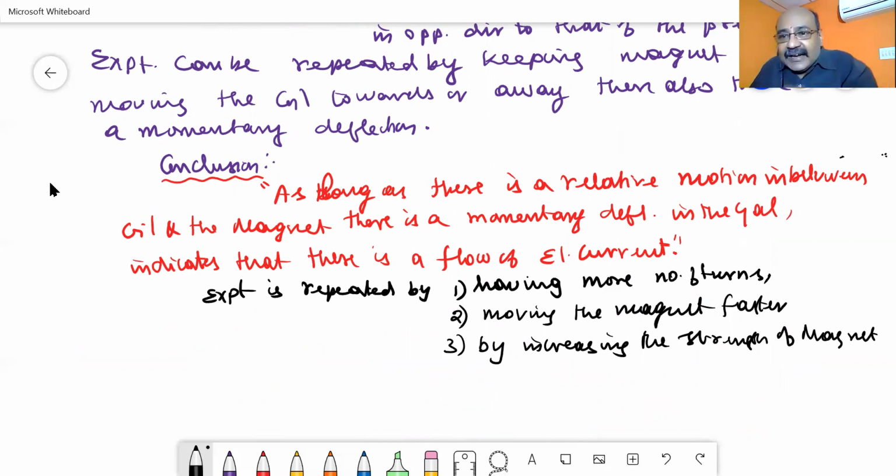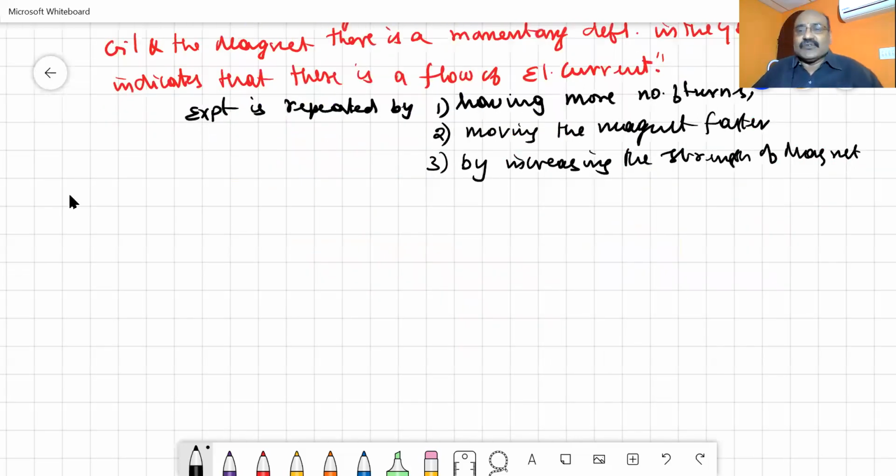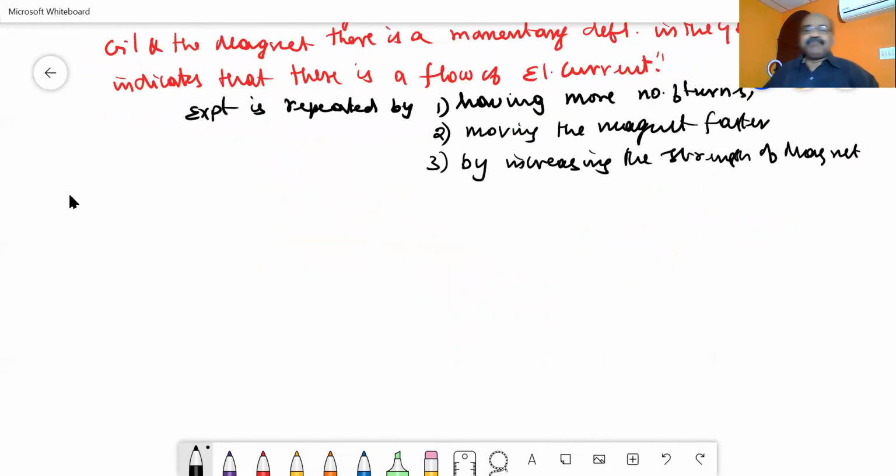The amount of current induced can be increased by repeating the experiment with more number of turns, by moving the magnet faster, and by increasing the strength of the magnet. This experiment was done by Faraday.